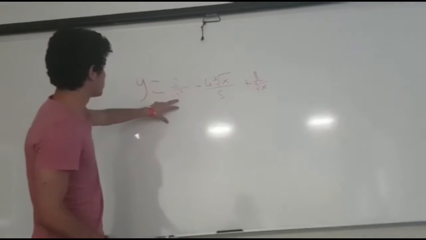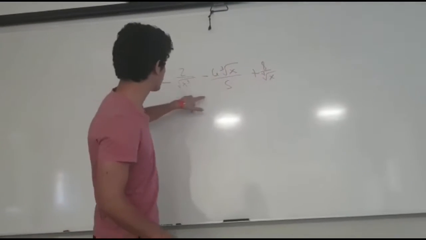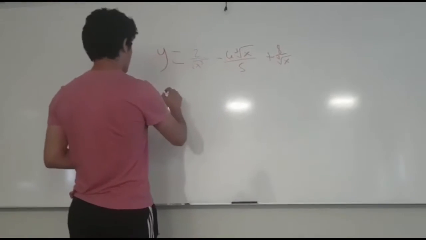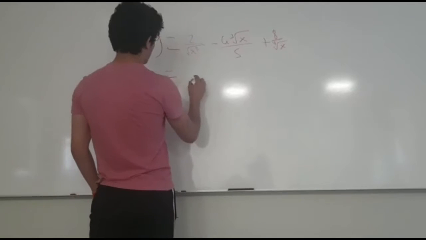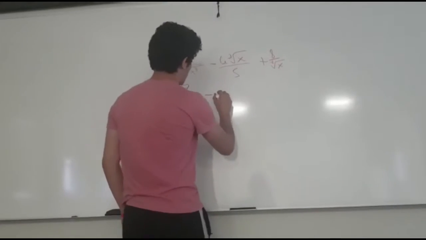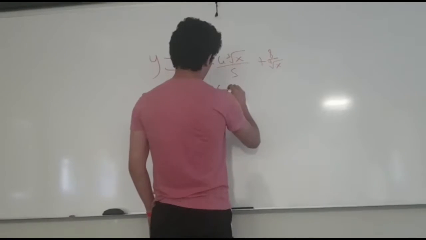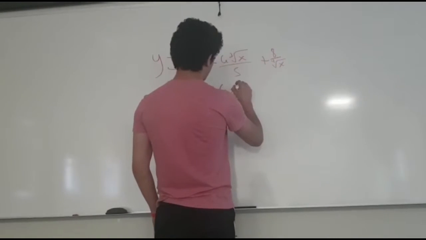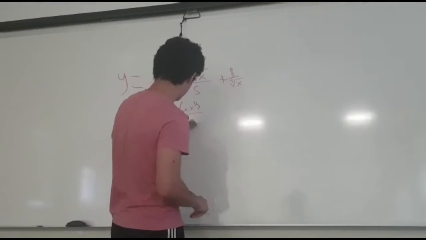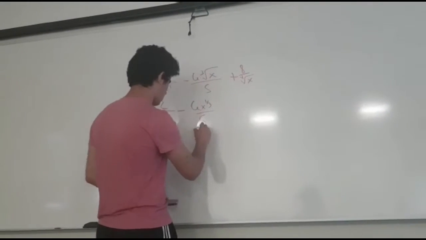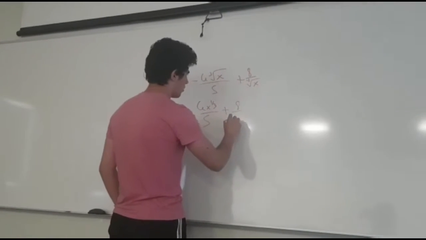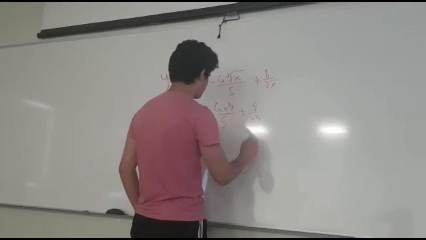At the beginning we're going to take the x's out of the roots and bring them to the top of the function. So it will be 2 over x to the 1/3 minus 6 times x to the 1/3 over 5 plus 8 over x to the 1/4.